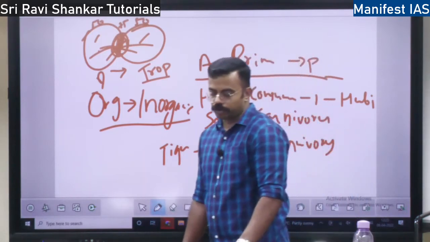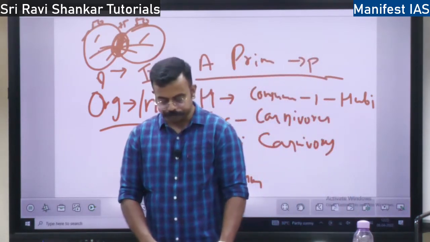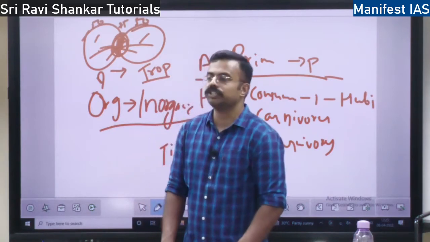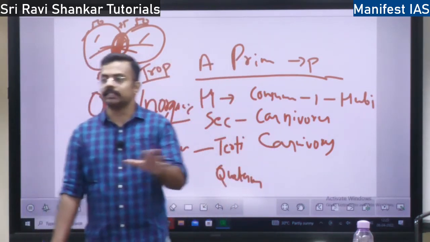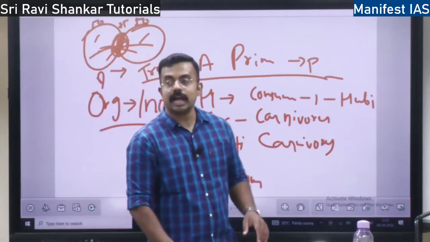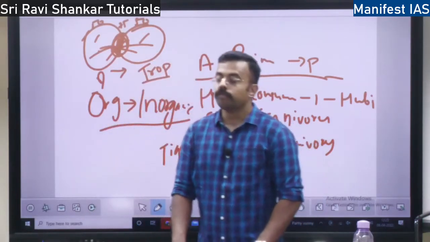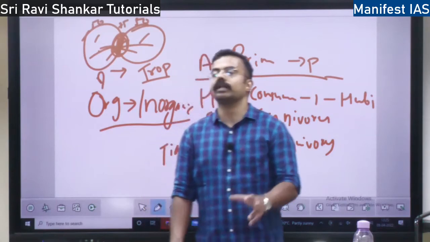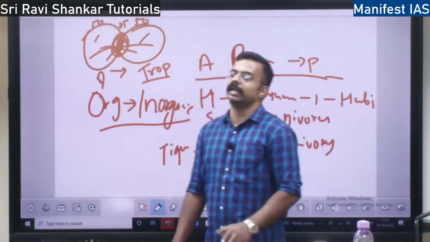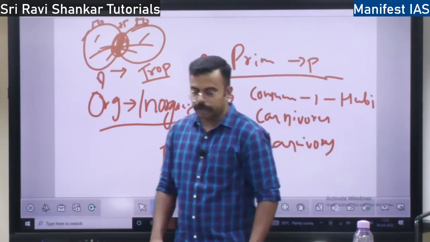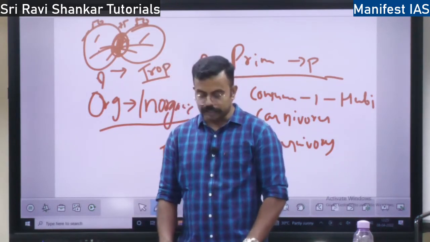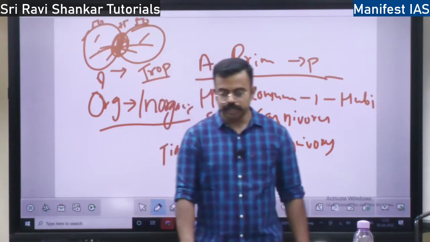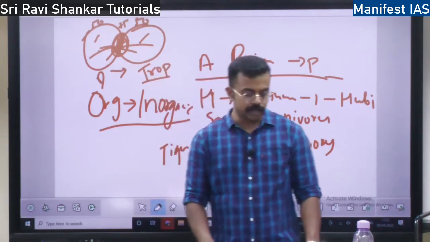So what are the types of niche? So you have habitat niche. Habitat niche is the place where the animal lives. Then food niche. Food niche is what food a particular organism needs. Reproductive niche: what are the conditions required for an animal to reproduce, that is the reproductive niche. Then you have physical and chemical niche.